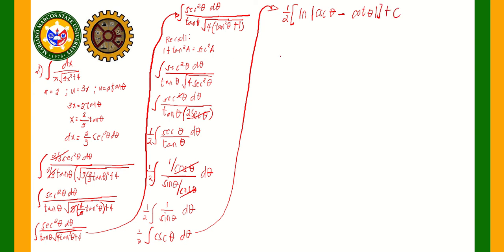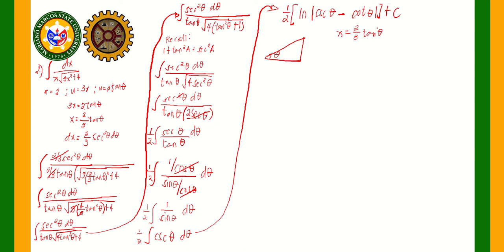Now, gaya ng ginawa natin kanina, mag-Pythagorean theorem ulit tayo to get the value of our theta. So, dito natin ilagay si theta. Now, yung x natin is equal to 2 over 3 tangent theta.